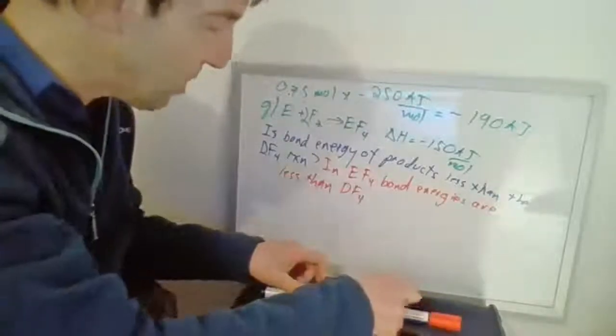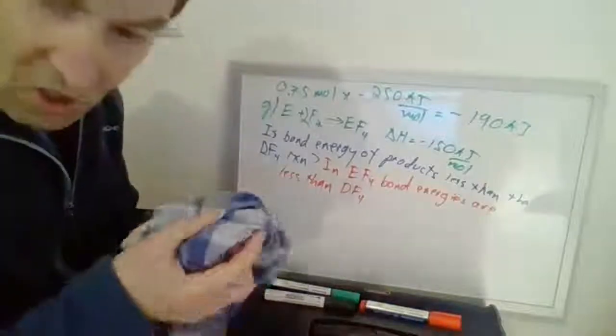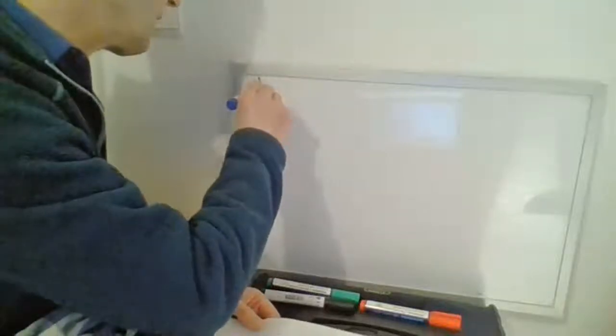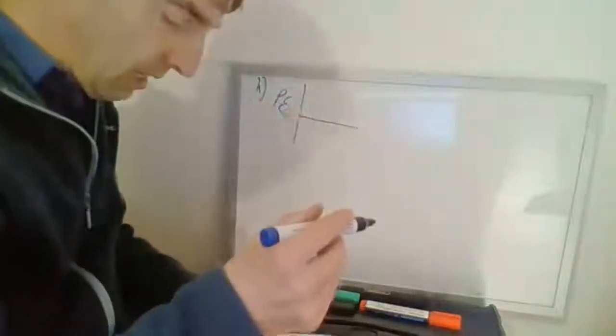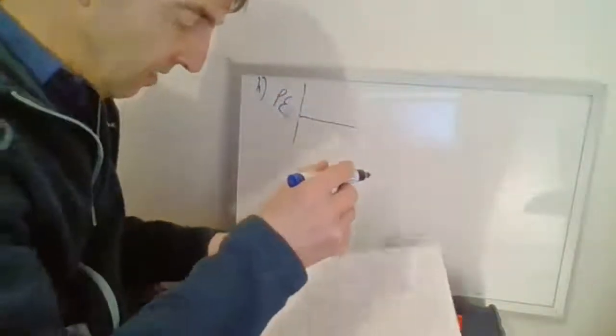Speaking of, that's the last one, a potential energy diagram. Because we're running out of time, I'm going to put this up and quickly do it. So H says I've got PE, and I've got some lines.